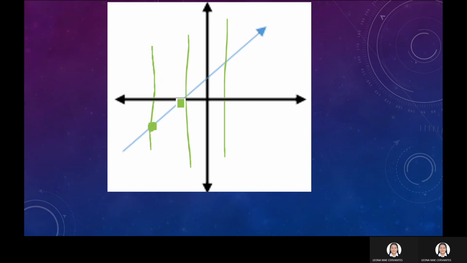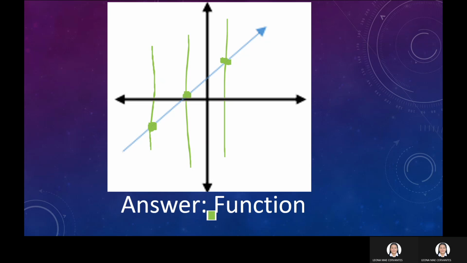So it will pass one point in this graph. So this is an example of function. Next, another example.